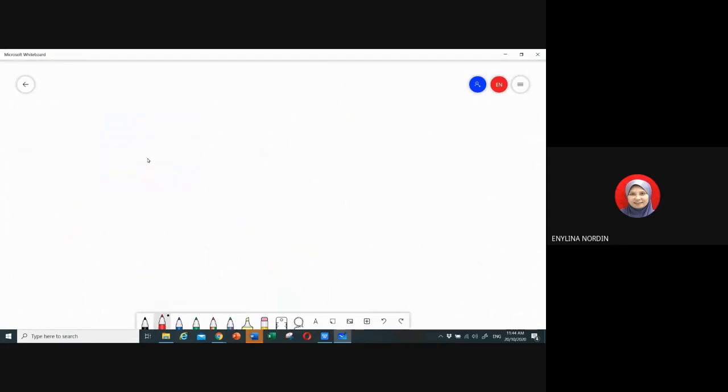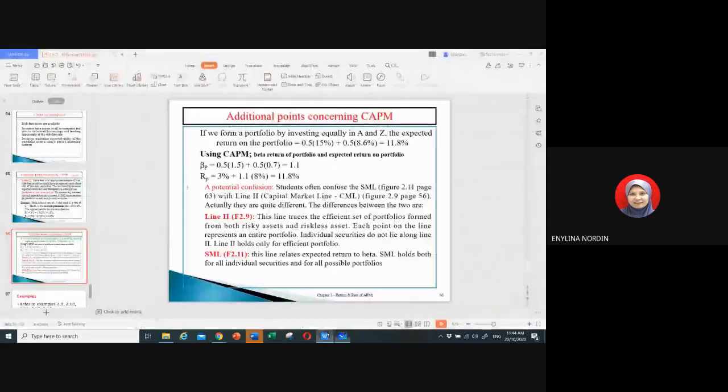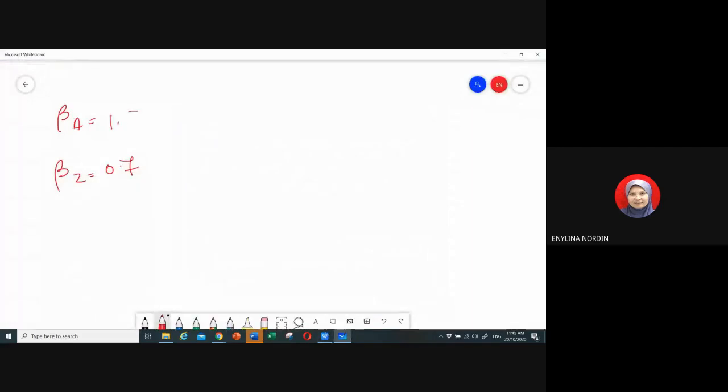And the beta of stock Z? 0.7. And the other one is 1.5. Okay, and then the required rates of return of A, it has been calculated, RF plus beta times RM minus RF, and it gets how many percent?